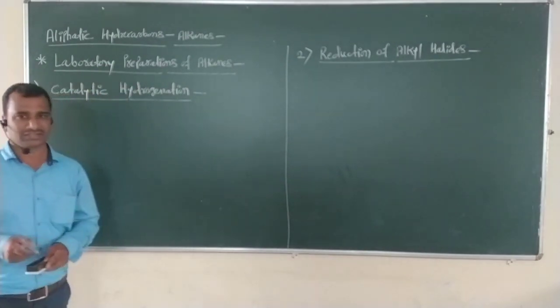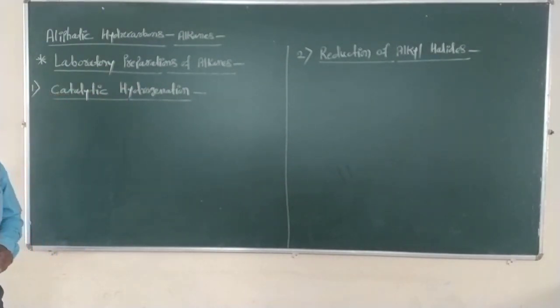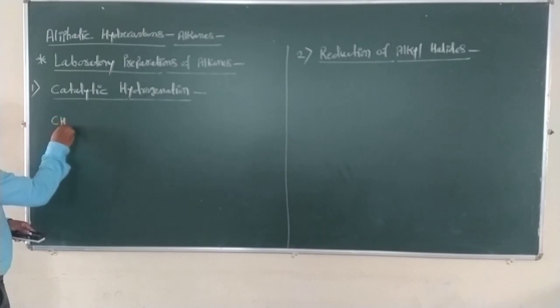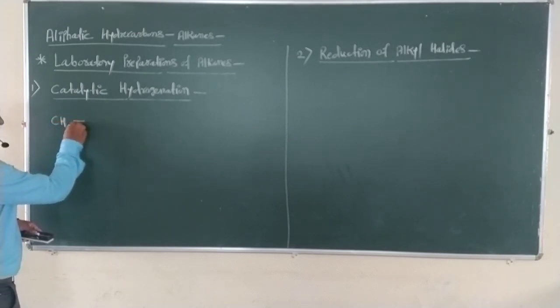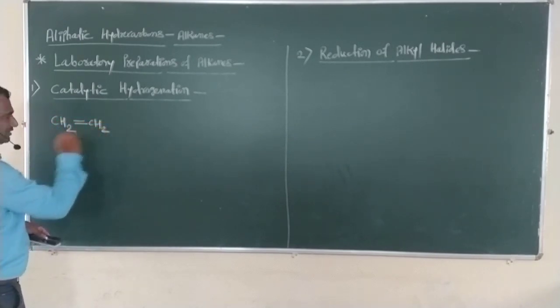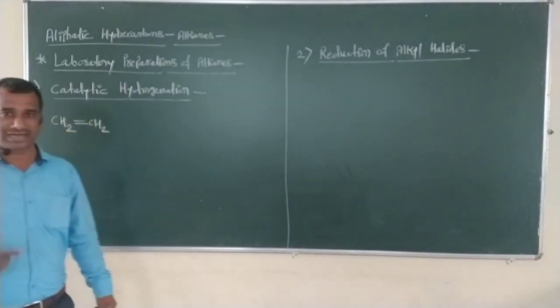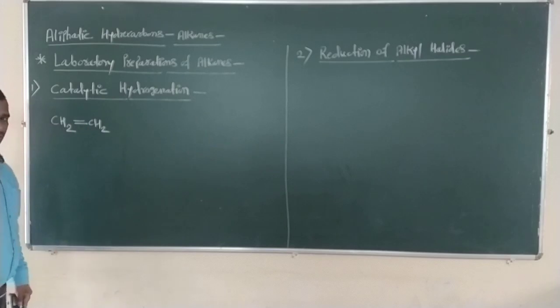Let us study one simple example for this method. Consider a simple example of an alkene, that is CH2=CH2. This is the carbon-carbon double bond, called the alkene compound. So this is the first reactant for this method.